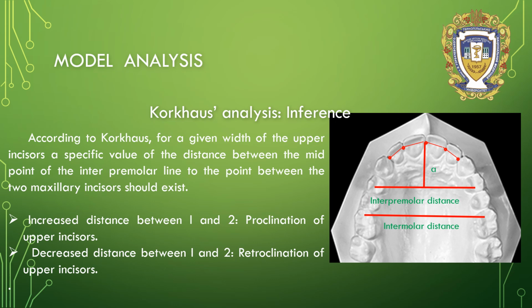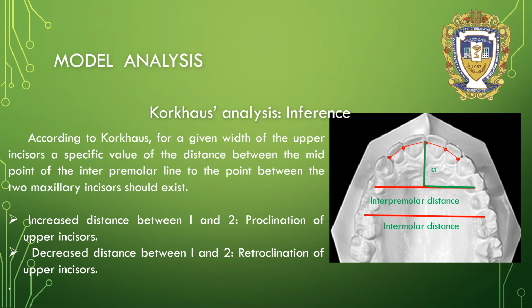And an increased distance between the first and second point means proclination of upper incisors, and the opposite correlation in case of a decreased distance between the first and second point. It means retroclination of upper incisors.